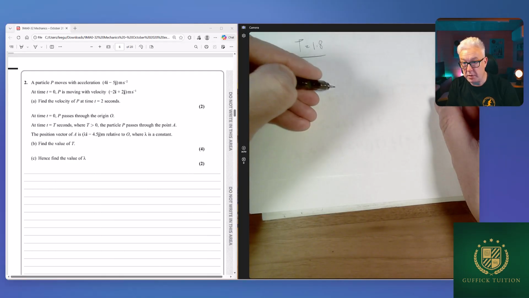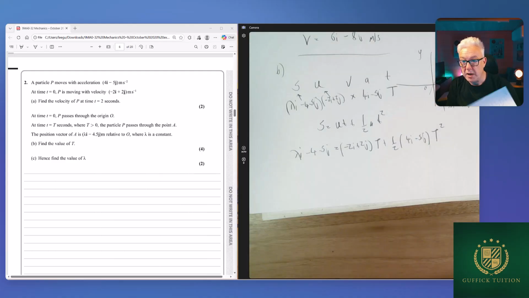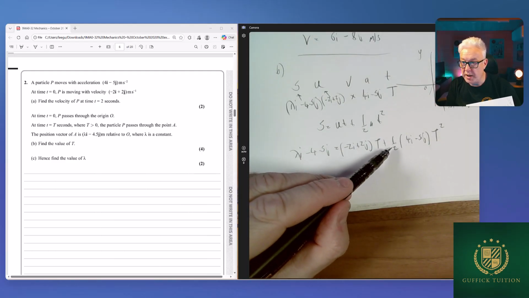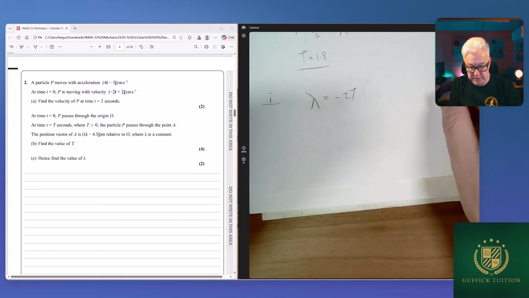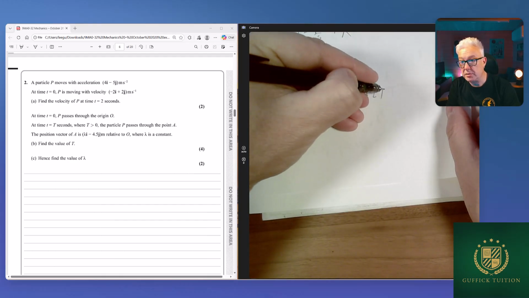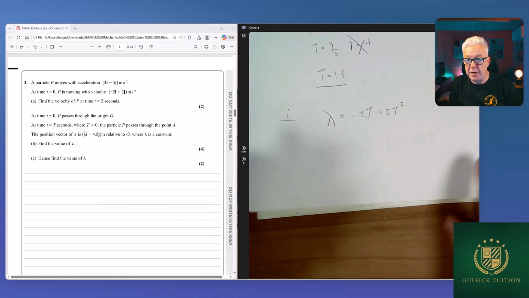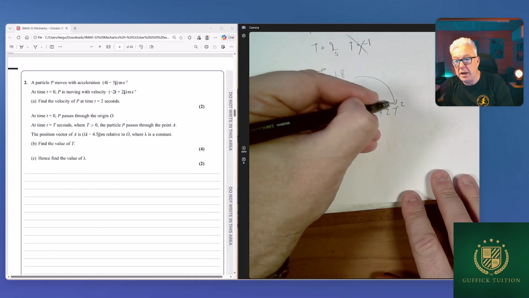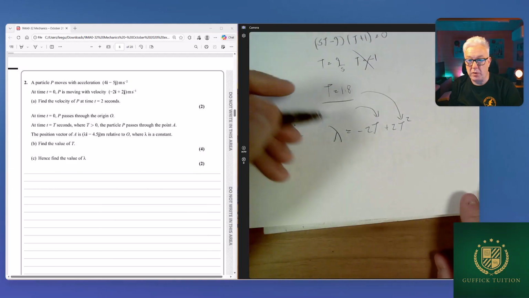So lambda minus 2t, and then we're going to have half times 4, that's going to be 2t squared. And we now know that t is 1.8, so 1.8 is going to go in there to help us work out what our lambda is going to be.